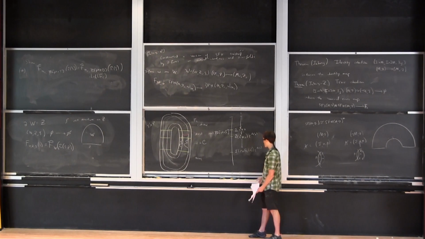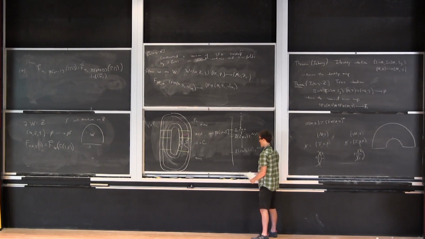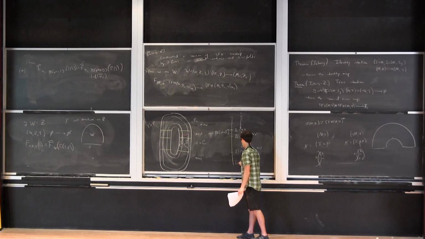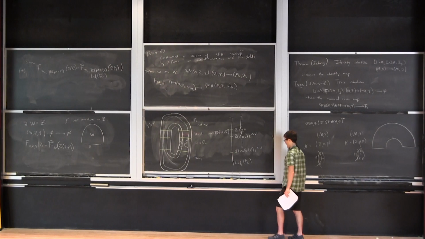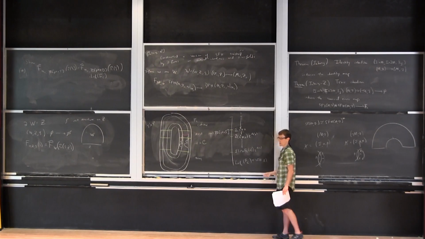The canonical trace means we take X tensor Y, and it's X evaluated on Y, the canonical map. And that gives you exactly the Lefschetz number in the variable T of this concordance map. That's just the definition of the Lefschetz number.